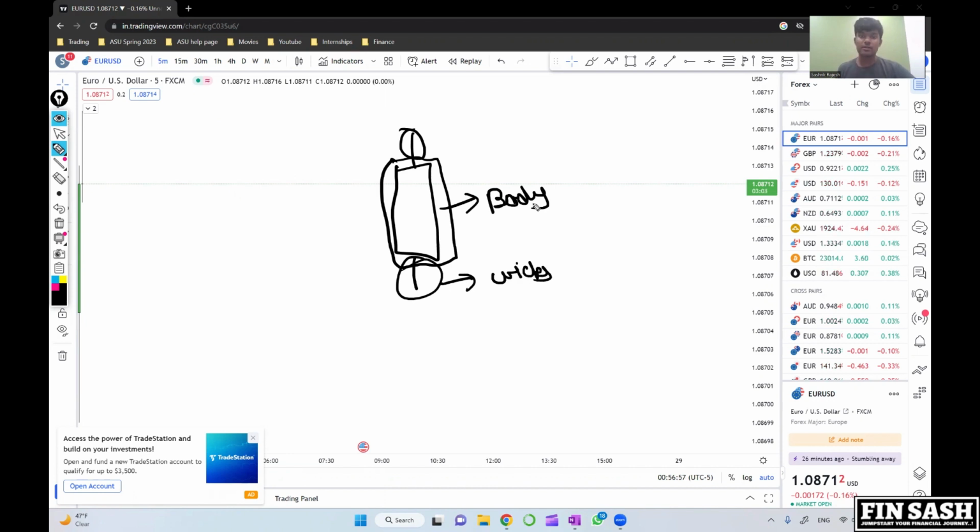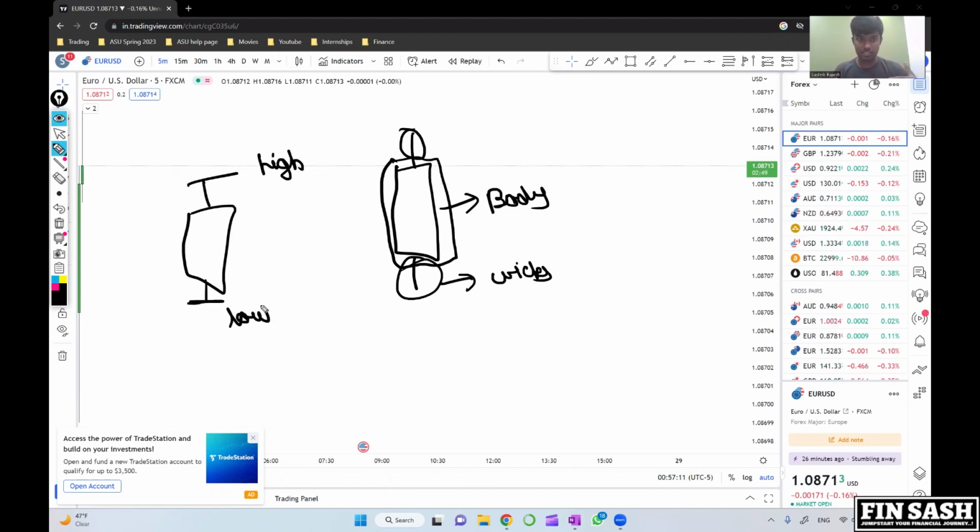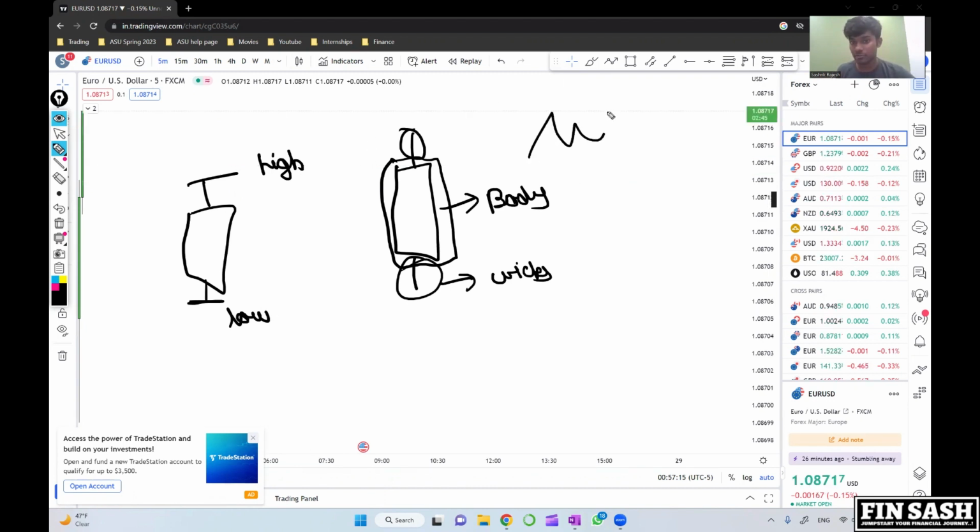This describes the high of that particular candle, and this describes the low. That's easy to understand. For example, if the market moves like this for 5 minutes, this represents the high of the candle, and this represents the low.